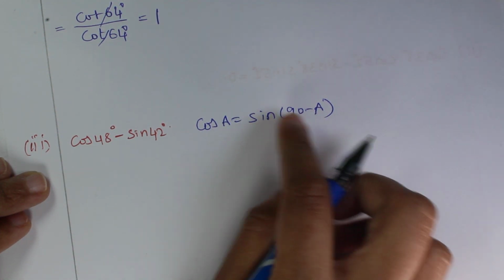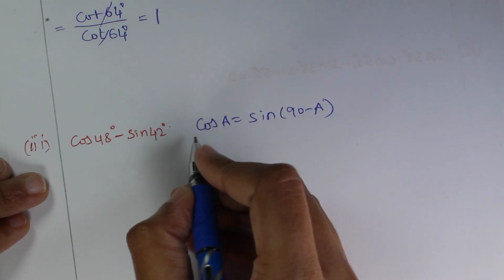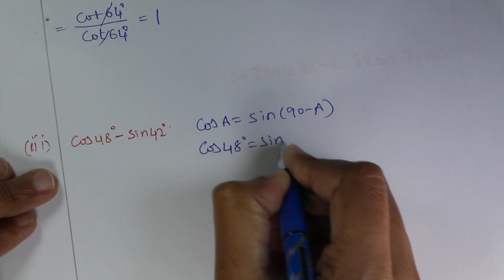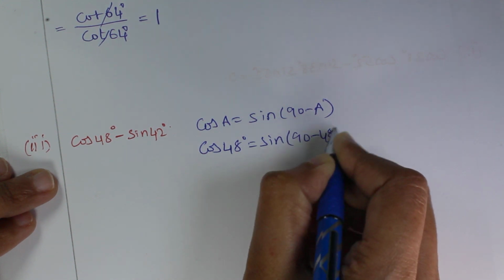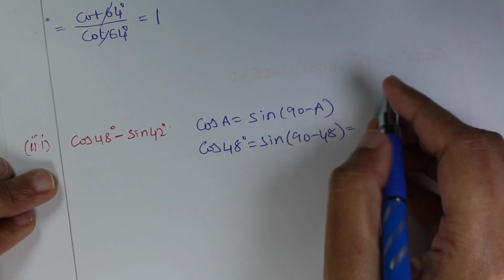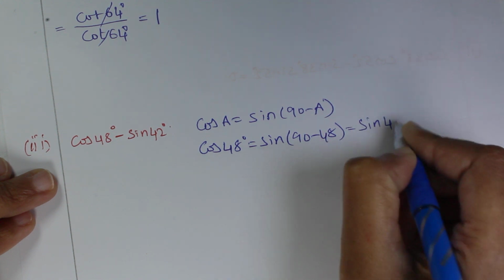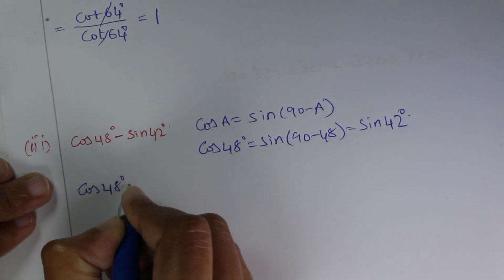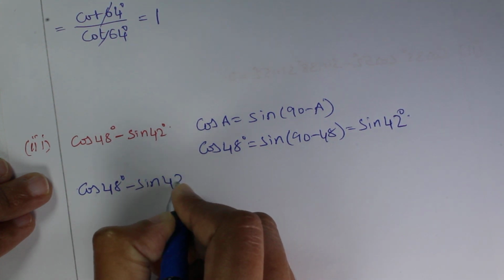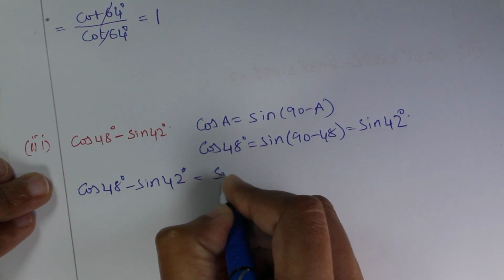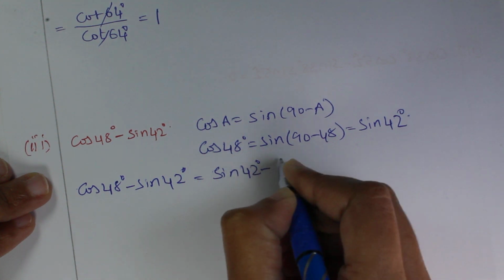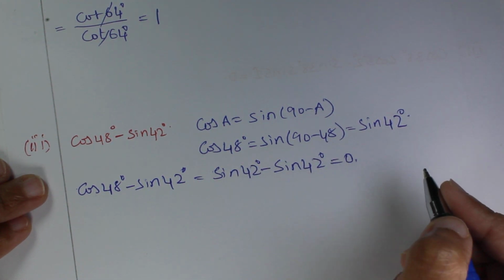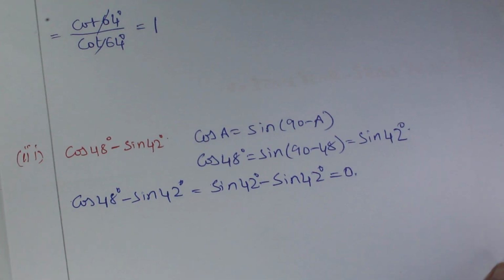So cos 48 becomes sine of 90 minus 48, that is equal to sine 42 degrees. So cos 48 degrees minus sine 42 degrees becomes sine 42 degrees minus sine 42 degrees, that is equal to 0. Okay.